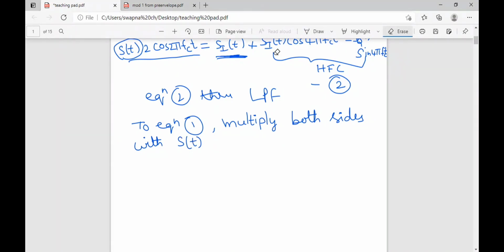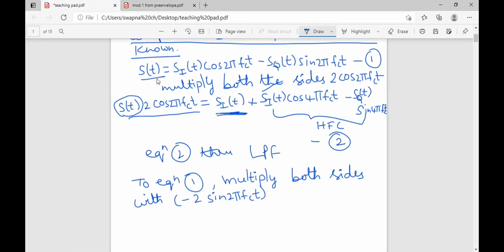Now we need to multiply equation 1 both the sides with minus 2 sine 2 pi fct. This is what you need to multiply equation 1 with. Equation 1 is nothing but the canonical representation of S of t, this signal.